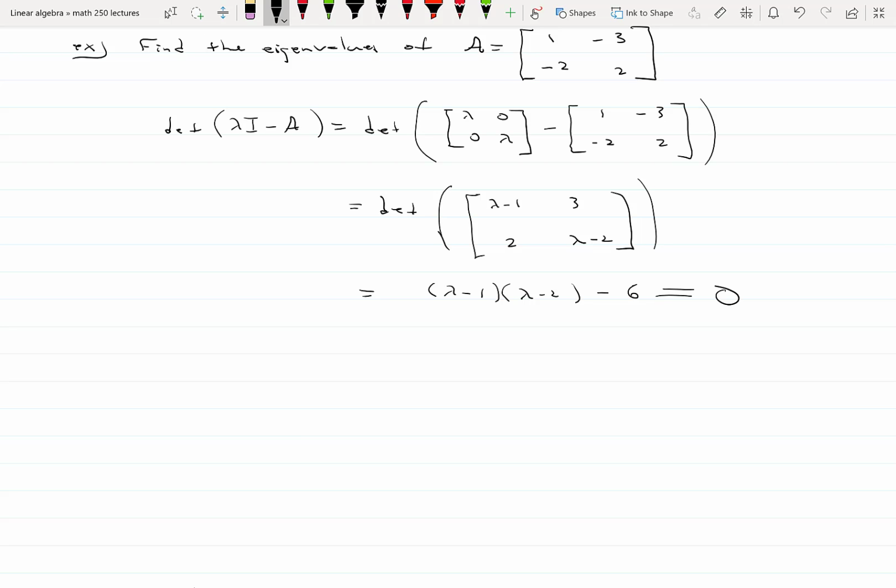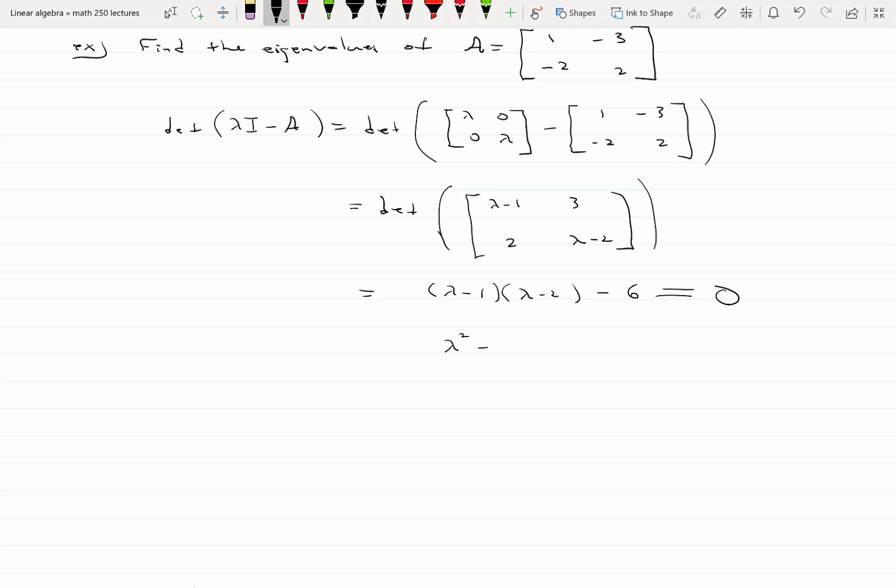The characteristic equation says the determinant of lambda I minus A equals 0. You notice that I mentioned that the determinant of lambda I minus A is a polynomial. When we multiply lambda minus 1 times lambda minus 2 and subtract 6, we're going to get a quadratic polynomial. So let's just do that.